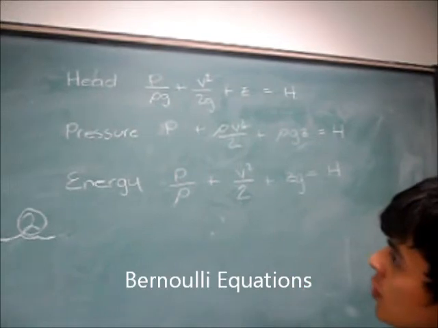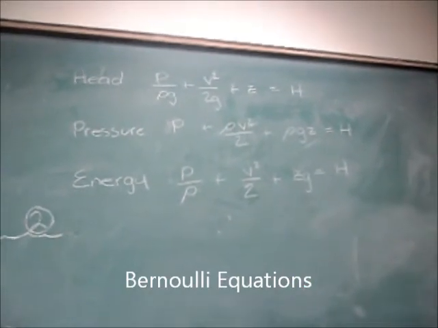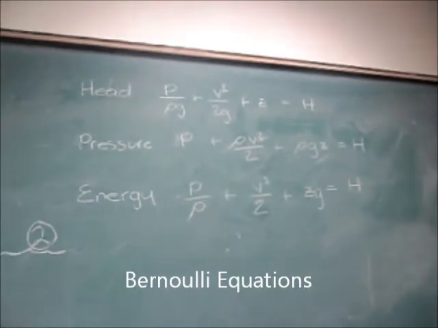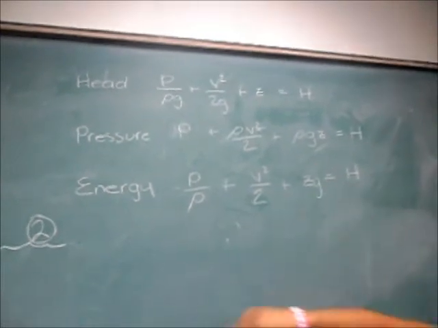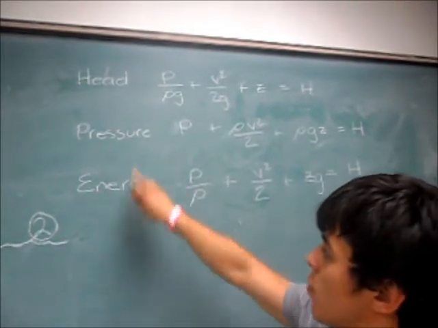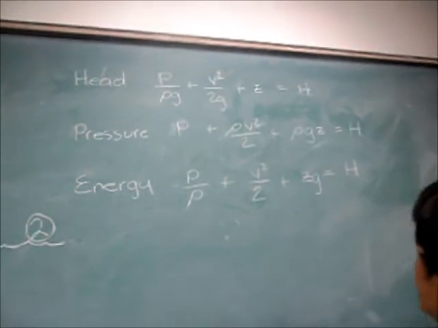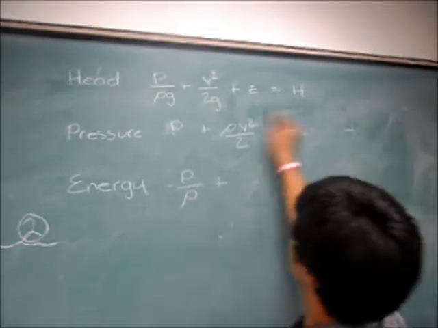We have three different equations for Bernoulli, and since we were looking for the head losses, we're going to use the first one. We have difference, which is for pressure and for energy. So let's use the first one.